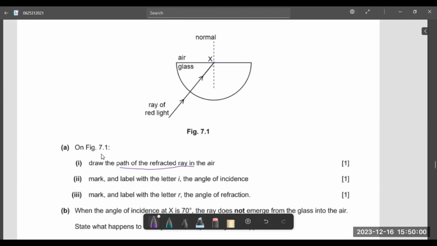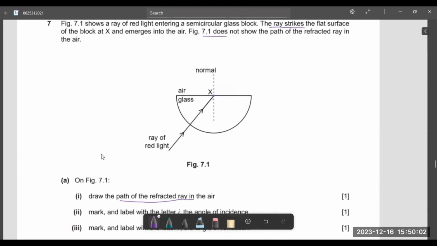So this is the incident ray and it is refracted outside.